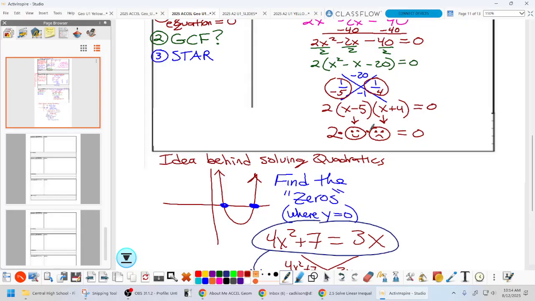That's the zero product property. If I have a 0 product, something is 0. Well, can this 2 be 0? No, that doesn't work. So it's either of those two things that are the 0, right? Back to the idea of what we're solving for, it's those two that are making this thing 0, okay? That's the zero product property.